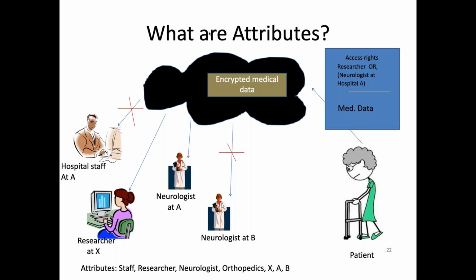The whole idea is to encrypt the data in such a way that only people with these attributes, a researcher or a neurologist at a particular hospital, are able to decrypt this data.